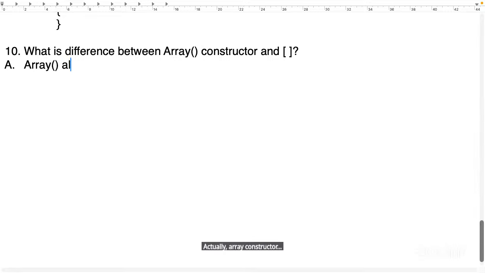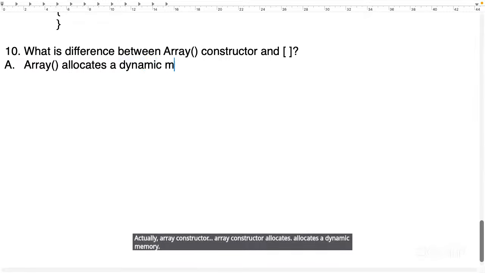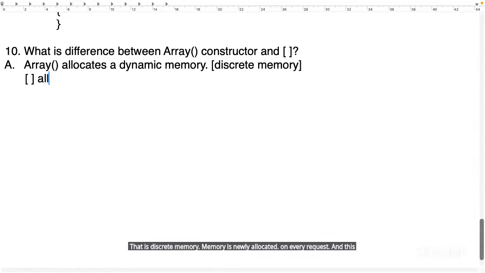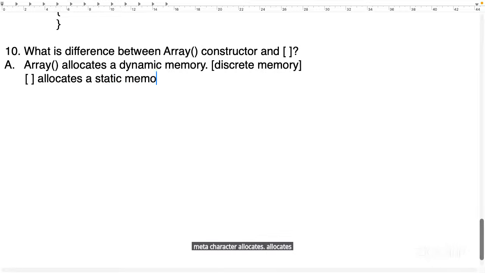The array constructor allocates dynamic memory. Dynamic memory is discrete memory. Memory is newly allocated on every request. And this meta character allocates static memory for the array.